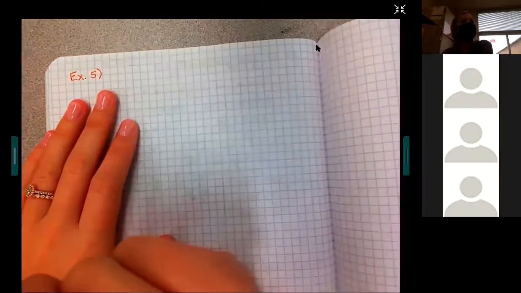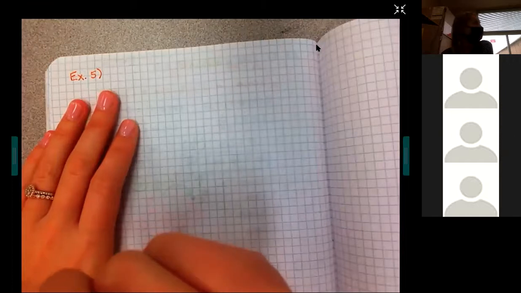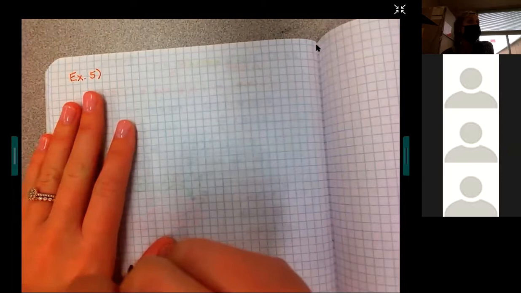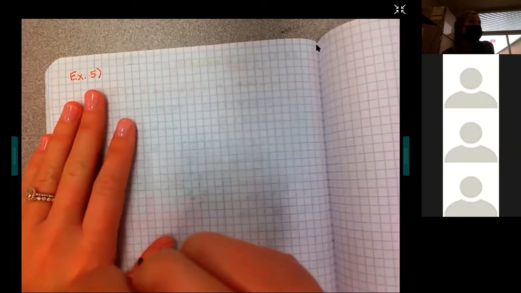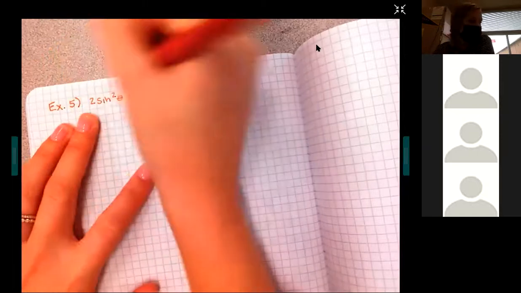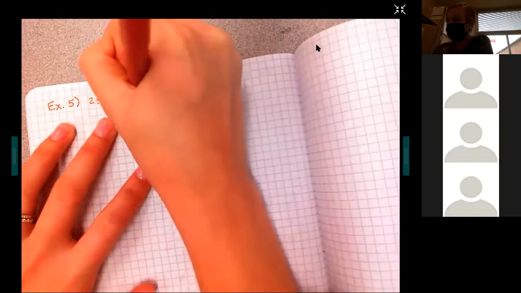Do you guys remember on Tuesday we did a factoring one? Do we need to see another factoring one, or am I good to go ahead and amp it up? I want to see one. Okay. We'll do one more, and then I'm going to amp it up.